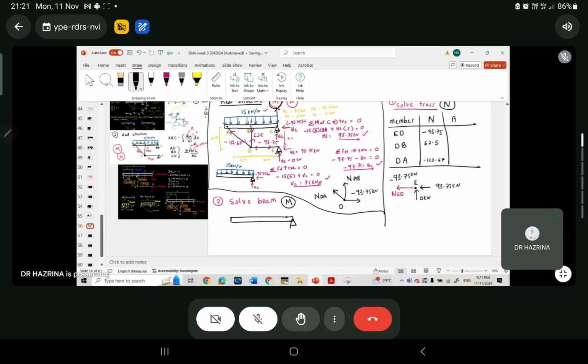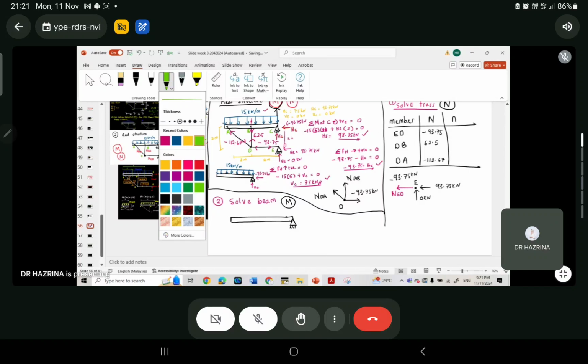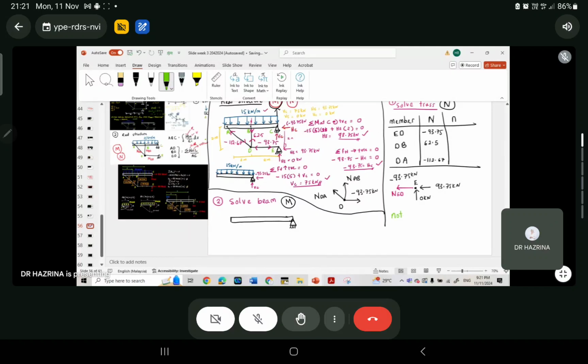Okay. Note: any trusses attached to the beam must be drawn.